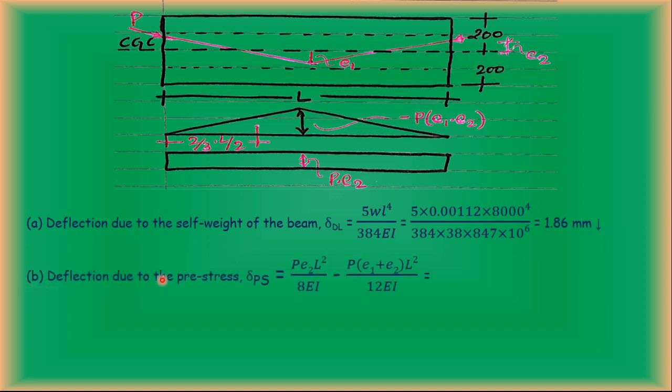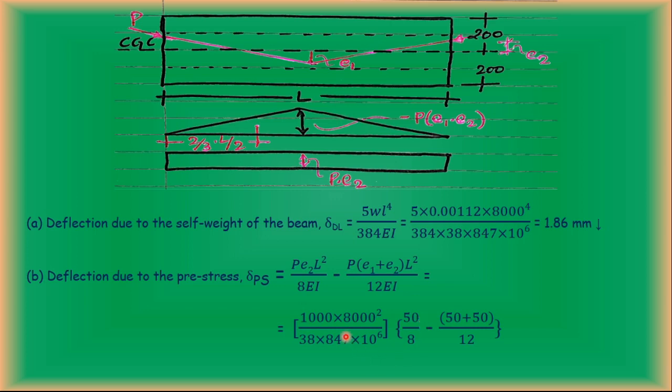Deflection due to the pre-stress, delta PS, is equal to P E2 L square divided by 8EI minus P into bracket E1 plus E2 L square divided by 12EI, which is the formula for this type of cable profile. This formula we need to understand and remember.